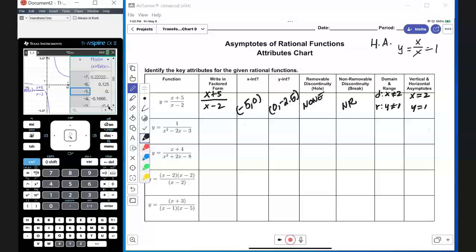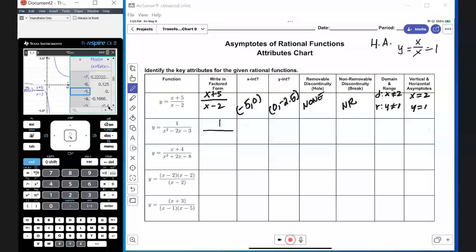Okay, the next one. You have y equals 1 over x squared minus 2x minus 3. Is this in factored form? No, we've got to put it in factored form.